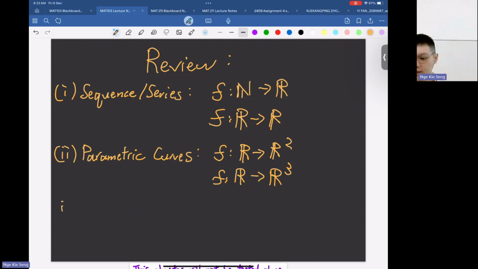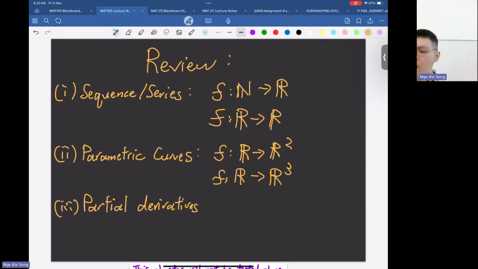And the next part is about multiple integrals, multiple derivatives, partial derivatives. Partial derivatives and multiple integrals use the same objects. So what sort of object do we see here?